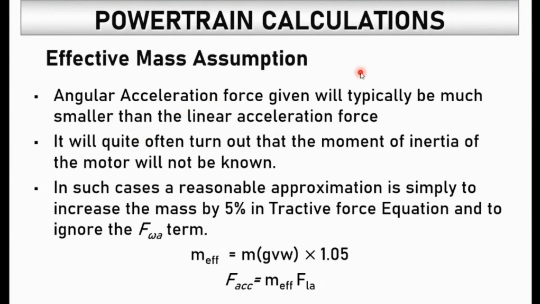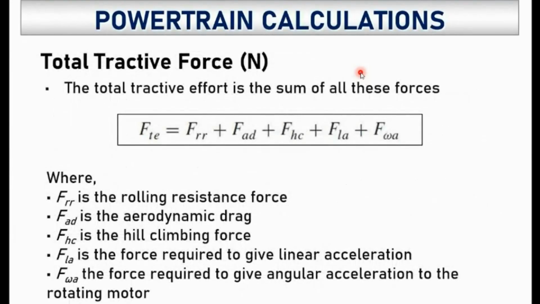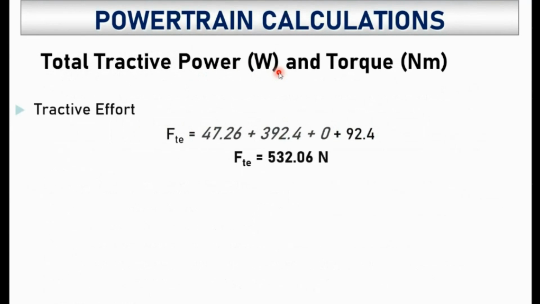This is an assumption, and in itself maybe a detailed topic to discuss, but to give you a glimpse, this is how we can approximate to consider the effects of angular acceleration in the calculation. And when we sum up all these, we get the total tractive force with all the parameters that we saw. Ignore these numbers, we were using them for a different calculation, but yeah, we have the total force.